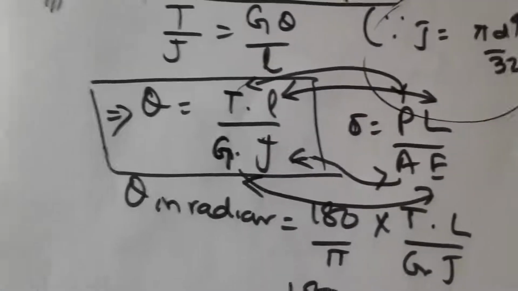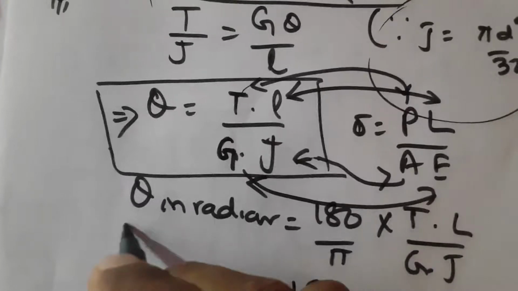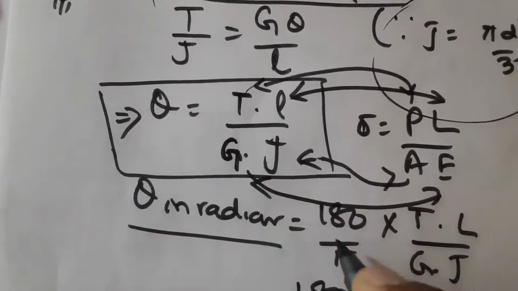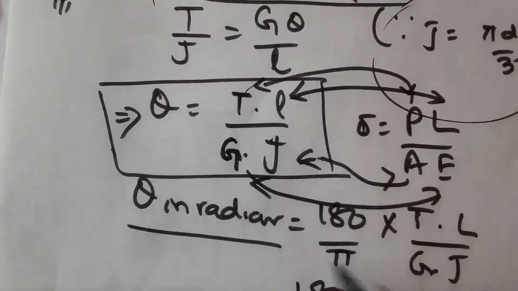If you want to express theta in terms of radians instead of degrees, we have to multiply by 180 by pi. So this will reduce to this.